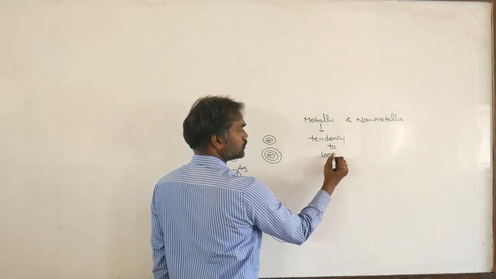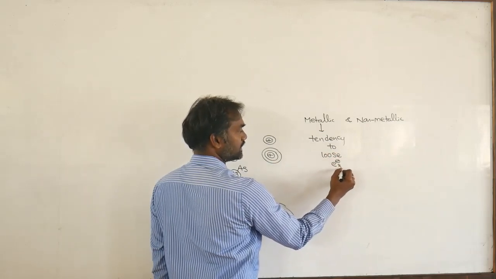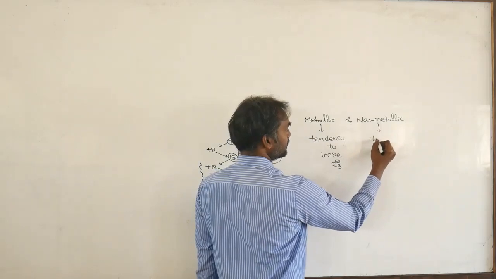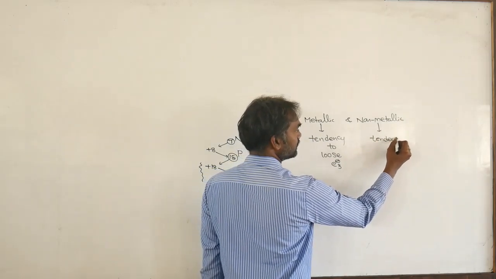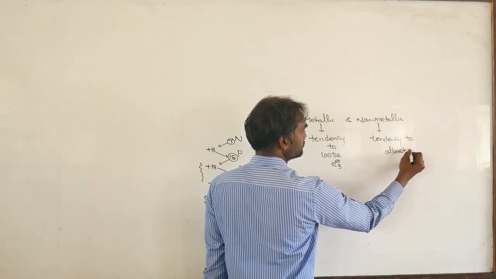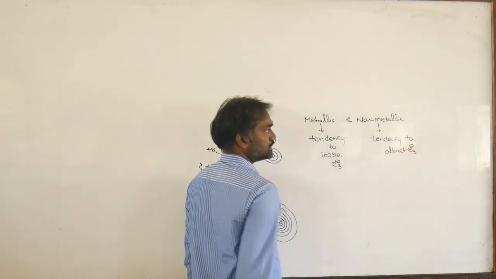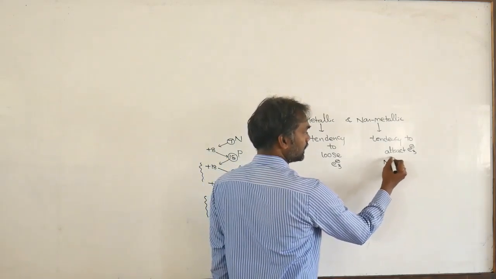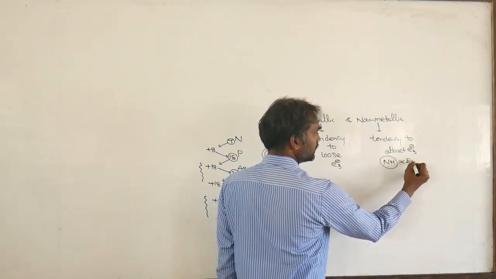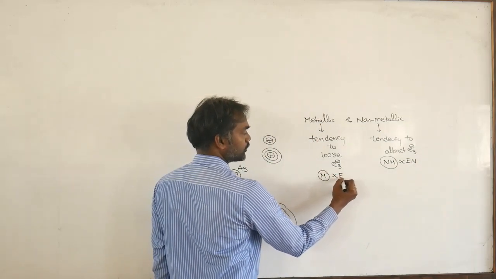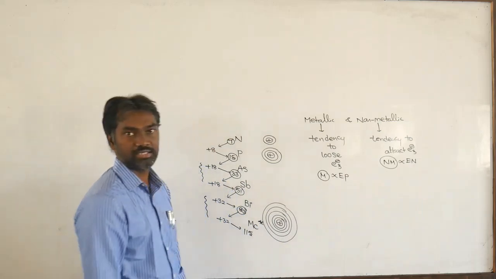Tendency to lose electrons is called metallic nature. Next, non-metallic nature means the tendency to attract electrons. Non-metallic nature is directly proportional to electronegativity. So metallic nature is directly proportional to electropositivity.